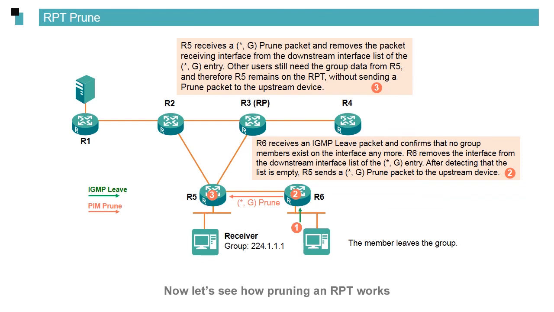Now, let's see how pruning an RPT works. Let's continue with the preceding scenario. All members on the network segments directly connected to the R6 router have left the group 224.1.1.1. The members send IGMP leave packets to notify other devices of this.